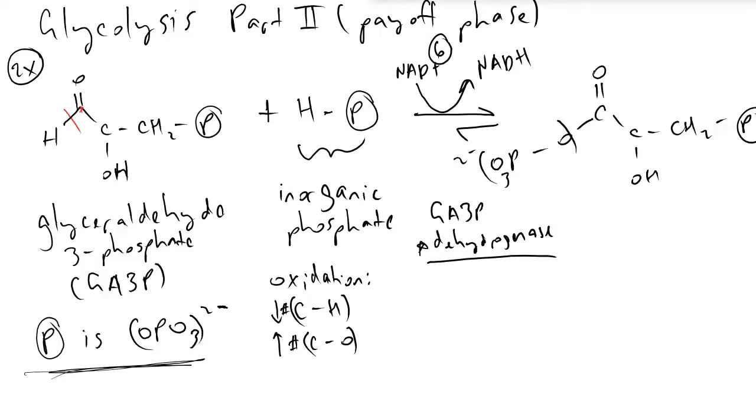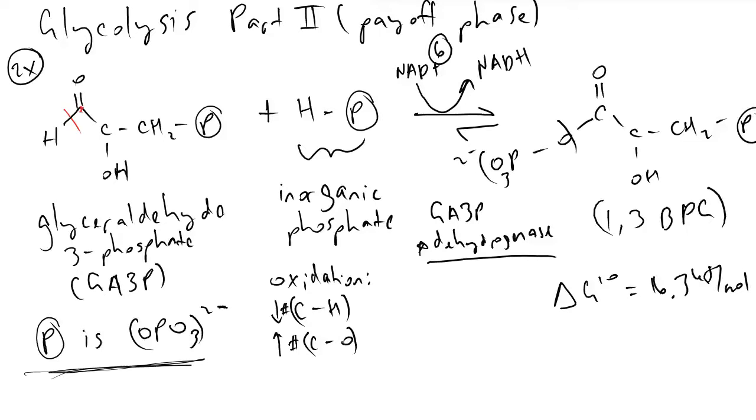Okay, and so just to write this down, the name of this molecule that we have just generated by oxidizing G3P is 1,3-bisphosphoglycerate, so 1,3-BPG. And the Gibbs free energy of formation of this reaction is 6.3 kilojoules per mole.